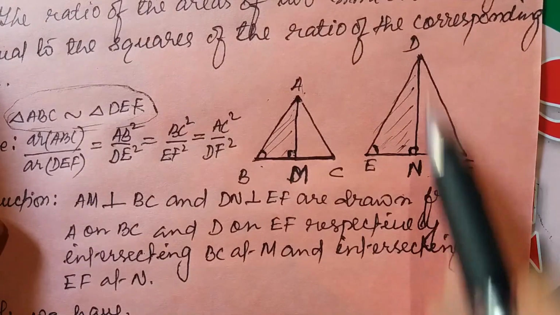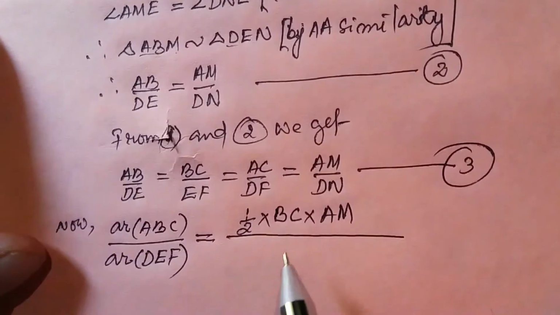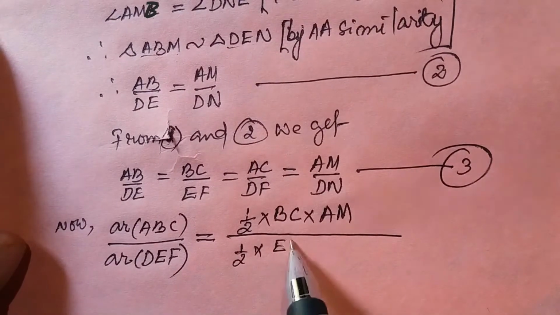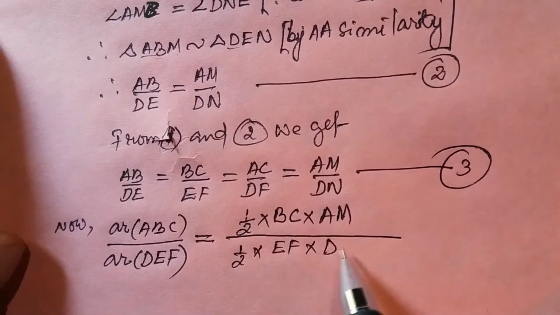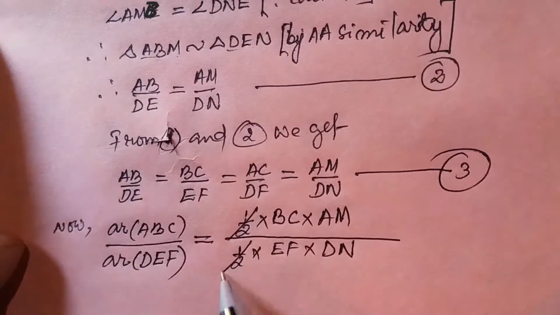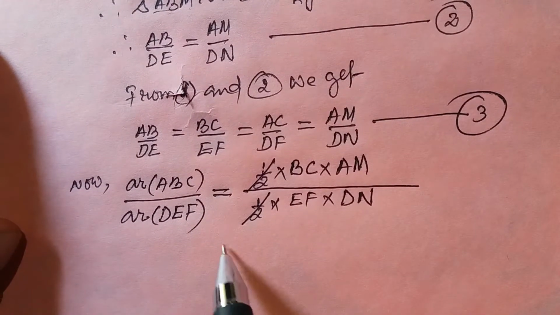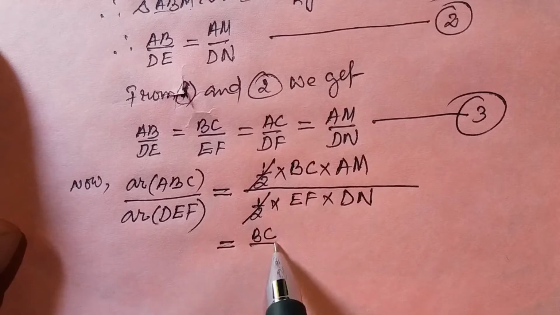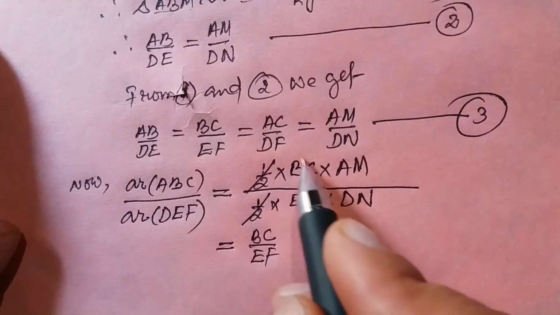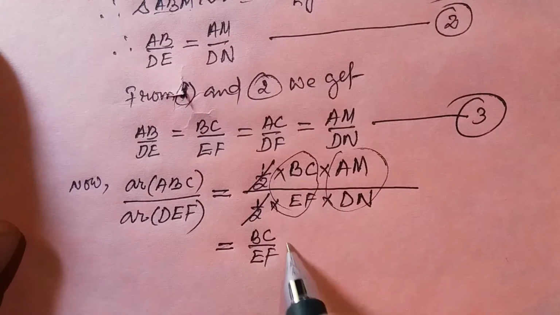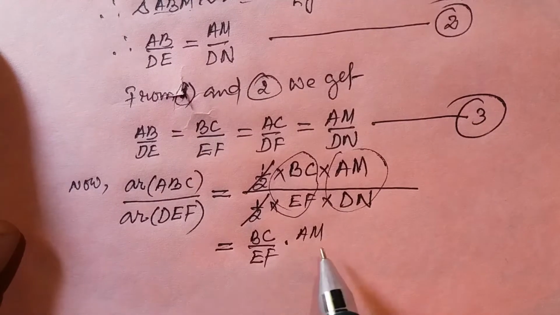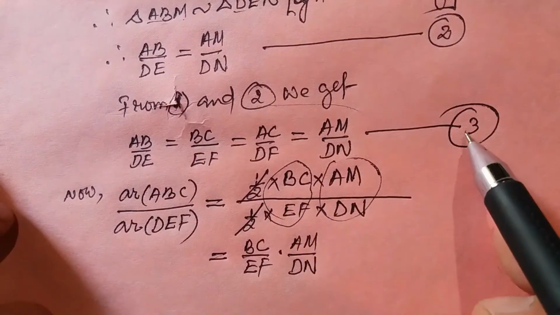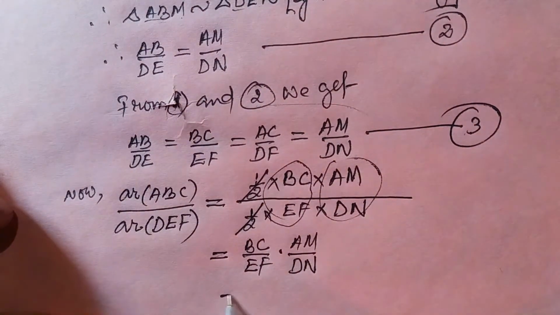Half into EF into DN. Now this half and half we can cancel, and this is equal to BC by EF. You can write BC by EF together like this, and now you can write here AM by DN. So we're going to use 3 here.